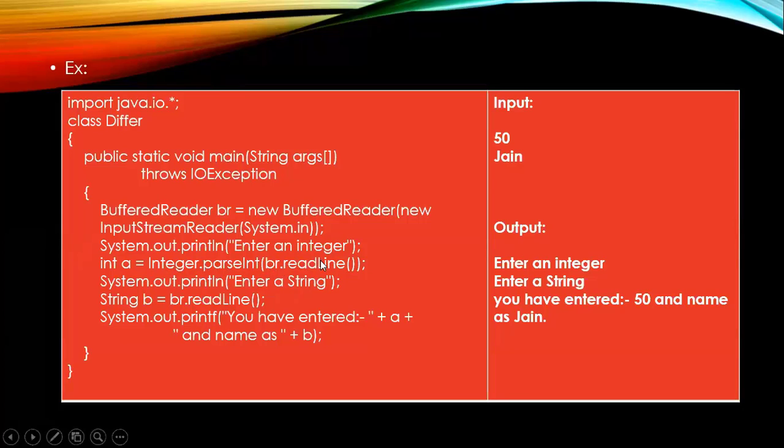That means this 50 is explicitly converted to an integer. Everything read with a BufferedReader will be considered a string itself. If you want to convert those things explicitly, you need to use Integer.parseInt, Float.parseFloat, Double.parseDouble. So you have to explicitly convert those things to your specified data types.